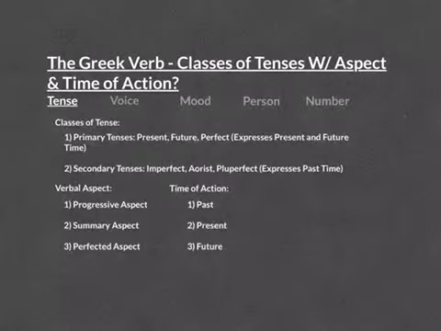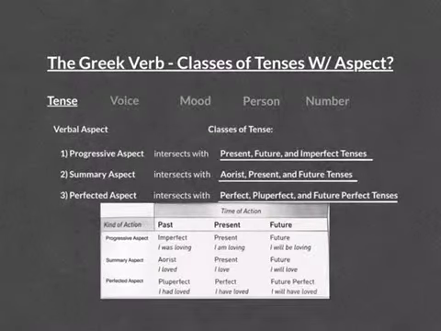So the question is, how does this all fit together? You have the classes of tenses, you have the verbal aspect, you have the time of action, and we need to understand how it all fits. Well, if you look at the handout I gave you, it's also the bottom chart up here. It kind of helps you see this. So if you look at the top line, on the left side it says kind of action, and then on the top it says time of action, and we see the past, present, future.